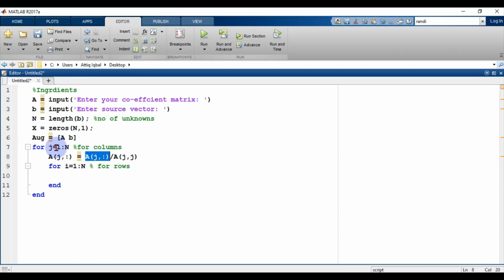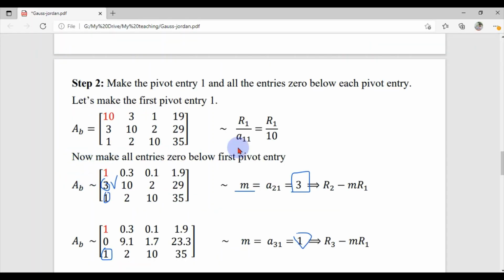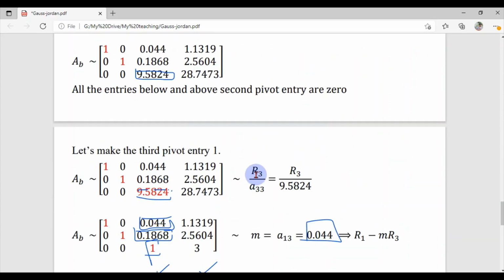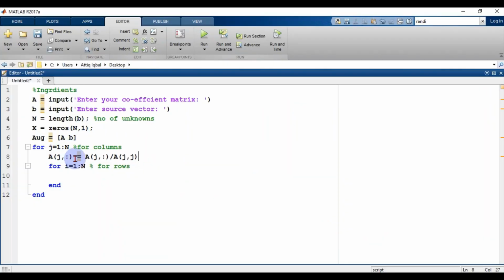So for j equal to 1, my first row will be updated as the first row divided by a11, like we have here. Let me show you this for the second pivot entry. For the second pivot entry, I am dividing the second row by a22, and for the last, the third row by a33. So this makes sense. When j is 1, the first row is updated as the first row divided by a11. When j is 2, the second row is updated as the second row divided by a22, and the same for the third row.